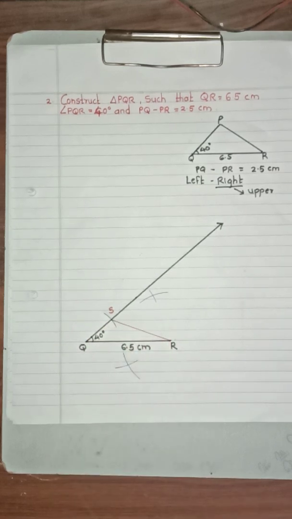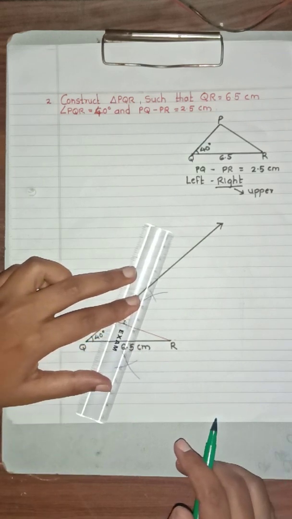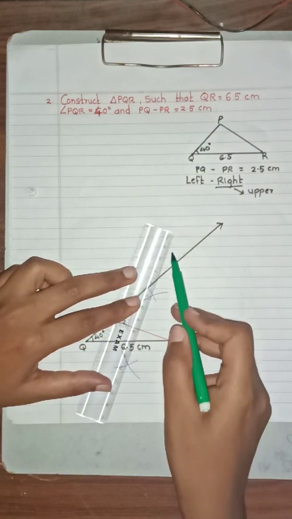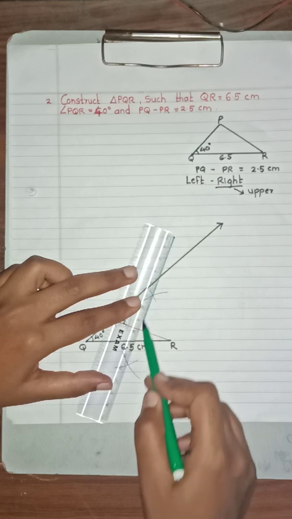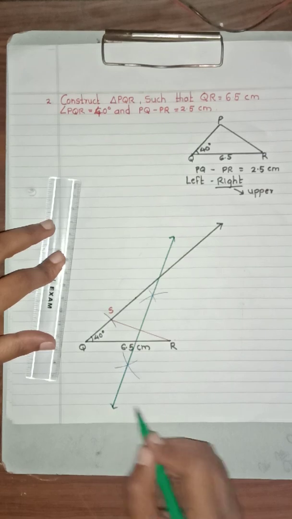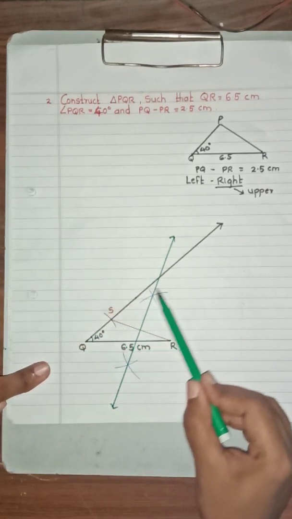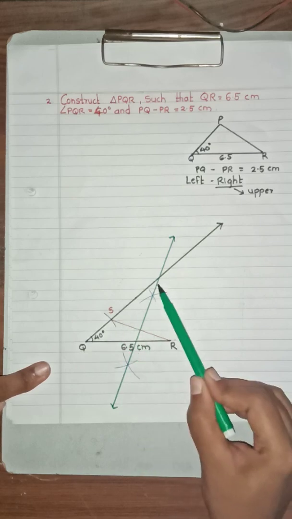Now with the help of scale you have to join this perpendicular bisector. So now you can see this perpendicular bisector is intersecting this line, that is ray QS over here.